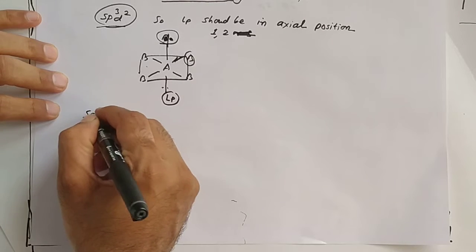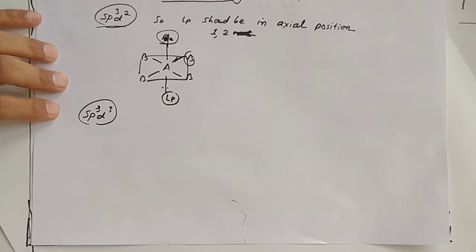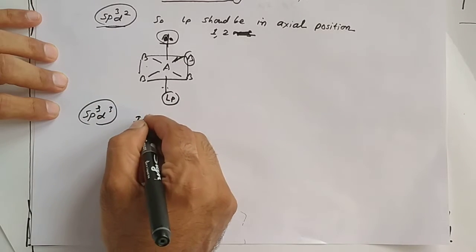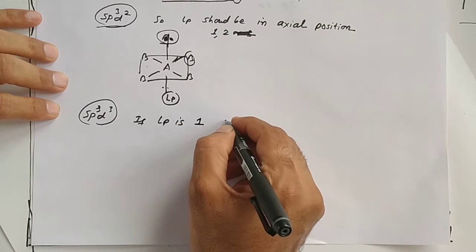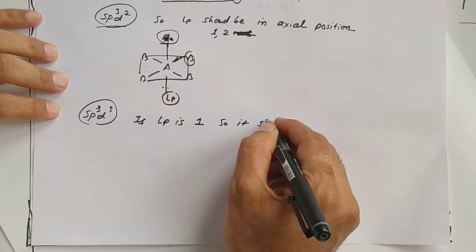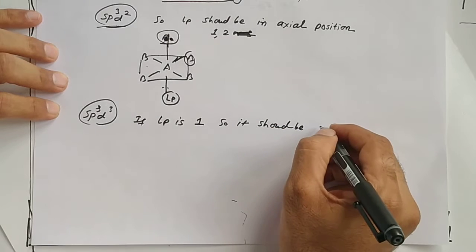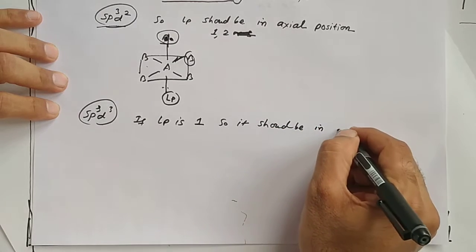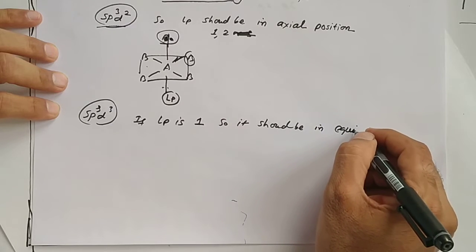Now, in the hybridization of sp3d3, if the lone pair is 1, it should be in the equatorial position.